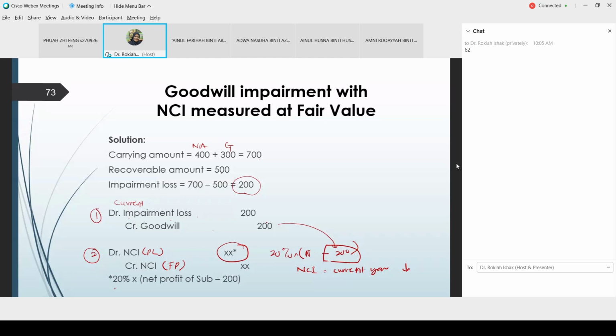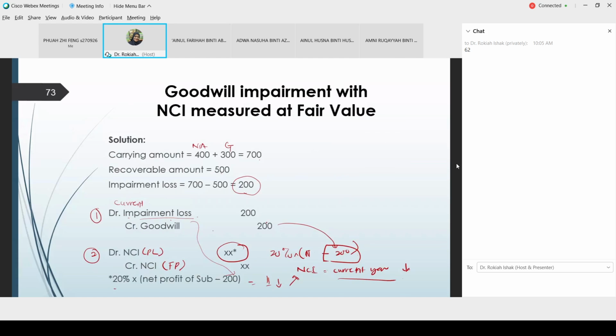They're going to reduce the profit that will be received by the NCI, because the impairment loss here reduces the profit. Because it is a loss, you need to minus it from the profit of the subsidiary. So once the profit of the subsidiary has been reduced by the impairment loss, the profit will be lower, so the portion that is going to be received by the NCI is also going to be lower.